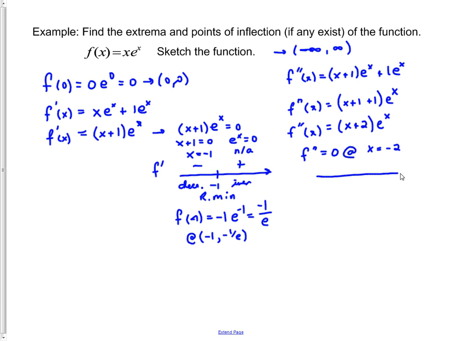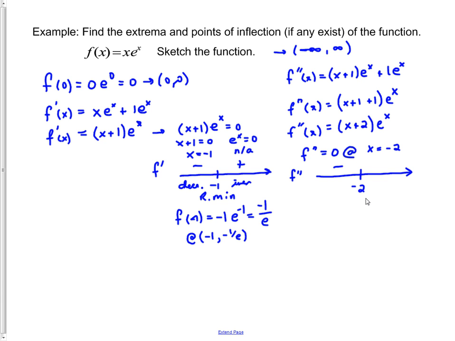Now, it will be a point of inflection if and only if to the left and right of x equals negative 2, that second derivative changes its sign. So we need to look at the sign of f double prime. To the left of negative 2, if we put in negative 3, for example, negative 3 plus 2 is a negative number times e to the negative 3. That's positive, so that's negative.